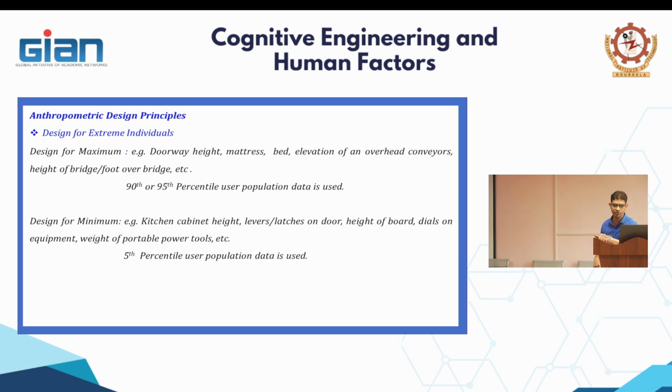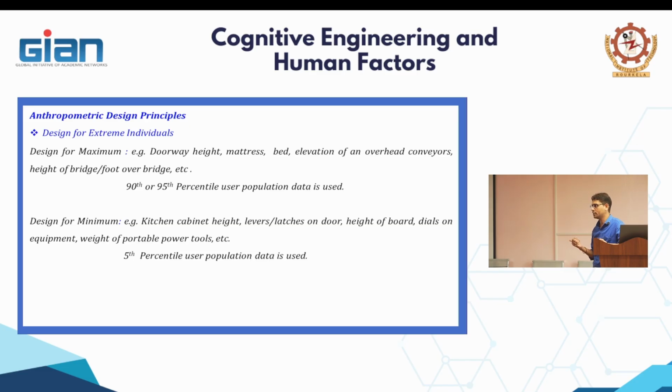So design for extremes, as I said, means design for maximum and design for minimum. Design for maximum means you are designing for the maximum side, that means you are utilizing the 90th or 95th percentile. Again it depends on the type of the product.